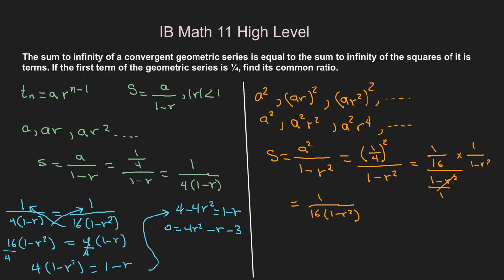I moved these two to the other side and changed the signs. Now I need to factor this. If you don't know how to factor this, I'll have a video at the end of this session to show you how to factor a trinomial when you have a leading coefficient in front of the squared term.